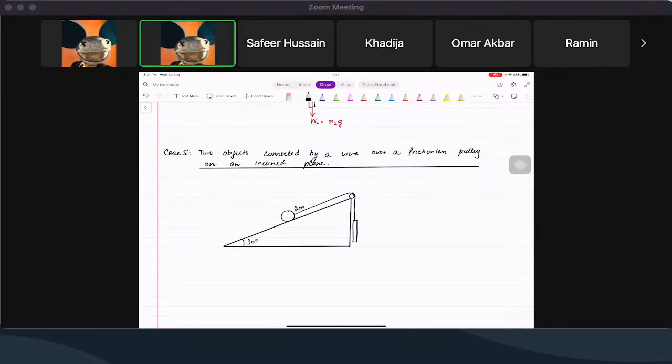Suppose this is 2m, this is 4m, and they say that they have shown a force like this as R, and they say the friction F is 0.5 R.